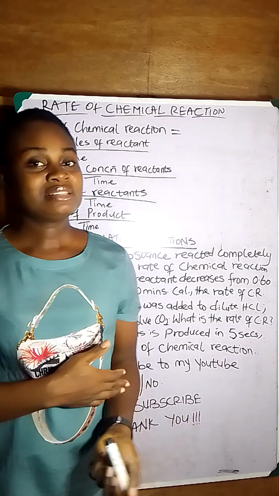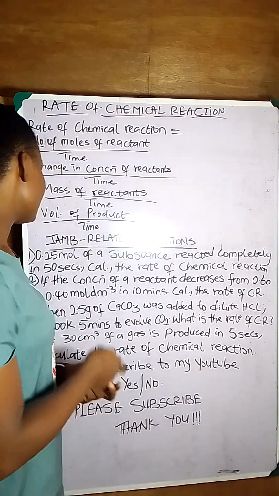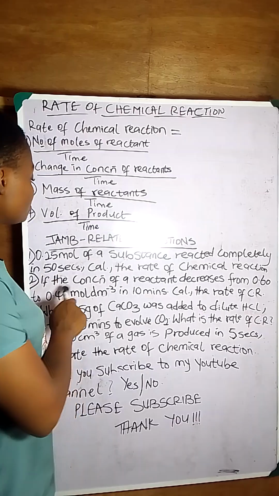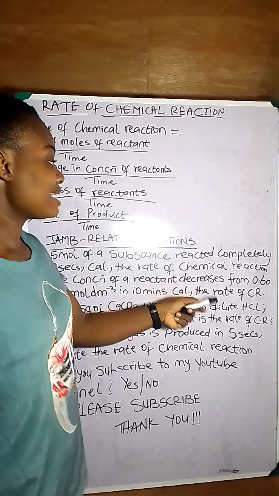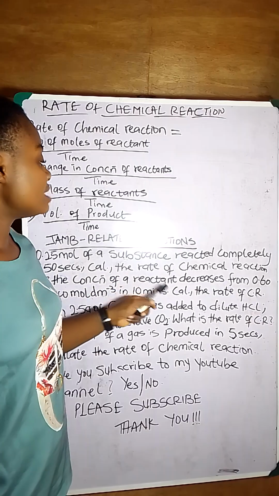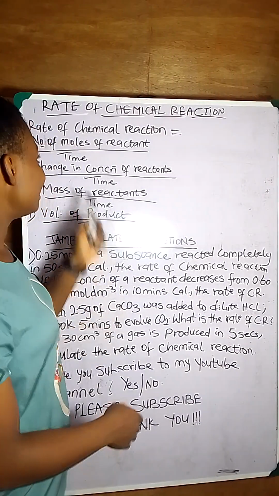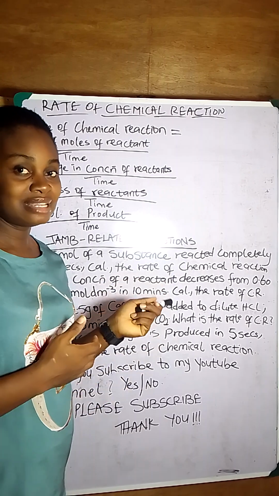So these are JAMB related questions. Let's read together and solve the question together. Number 1 is 0.25 mole of a substance reacted completely in 50 seconds. Calculate the rate of chemical reaction. 0.25 mole. These are the given formulas. It's stated there already.